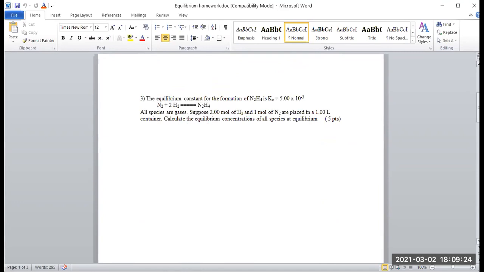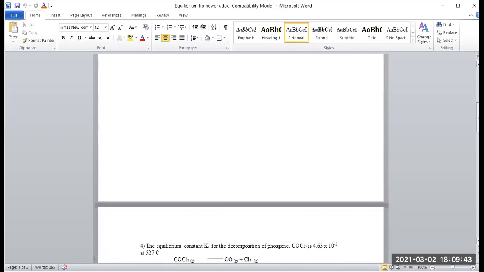For number 3, I gave you a relatively straightforward note. It's moles in 1 liter. Tip: this means we're dealing in terms of molarity, and you should be able to do a standard ICE chart for this.